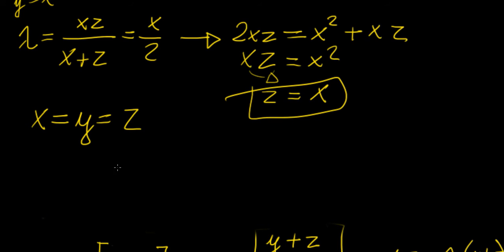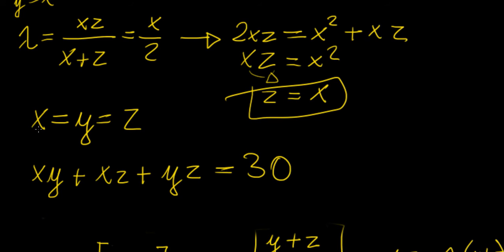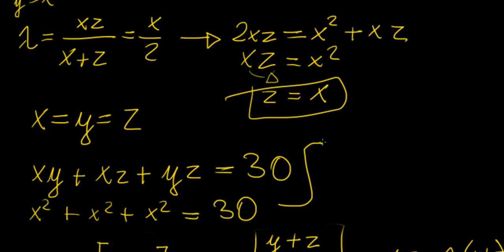Now that we know this, we can plug these values back into the constraint equation, which was xy plus xz plus yz equals to 30. So what I'm going to do is replace everything by x. So this is going to be x squared plus x squared plus x squared equals to 30. And this is going to lead us to 3x squared equals to 30.